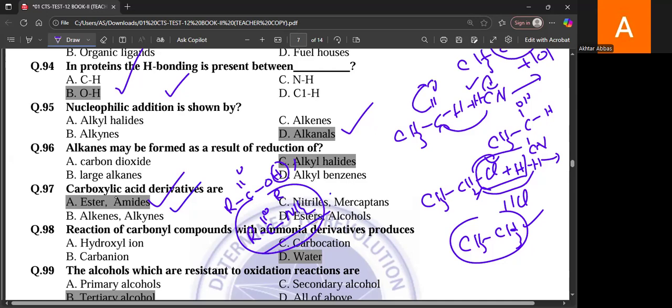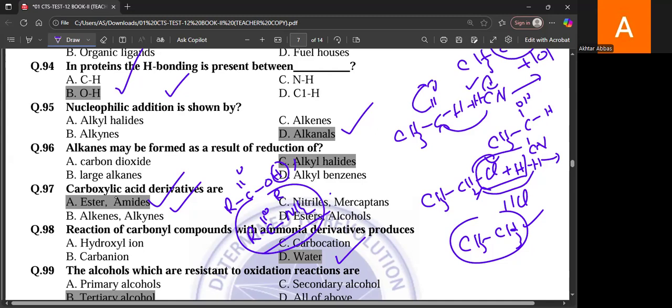Reaction of carbonyl compounds with ammonia derivatives produces water. Okay, so your best option is water. Ammonia derivatives react with carbonyl compounds, meaning aldehydes and ketones, to produce an addition compound along with water, because water is eliminated by the reaction.